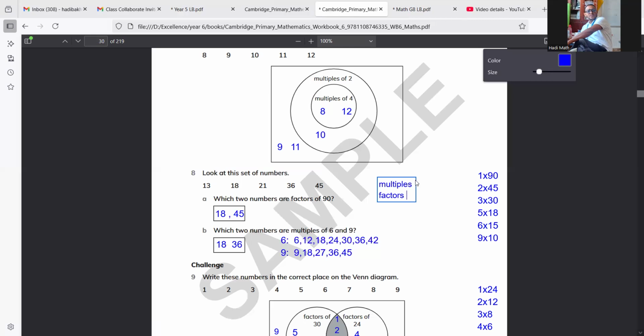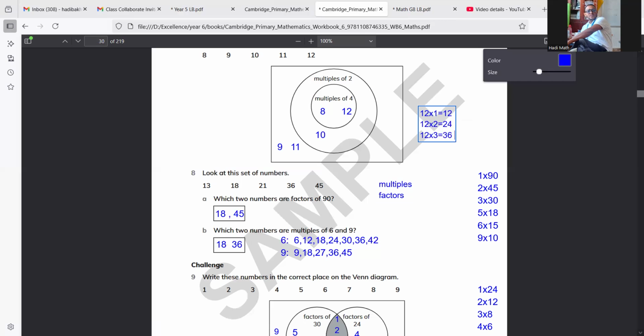Please, when I ask you for multiples of 12, take the 12 and multiply it. 12 multiply 1 gives you 12. So 12 is a multiple of 12. Then 12 times 2 is equal to 24. Then 12 multiply 3 is equal to 36.